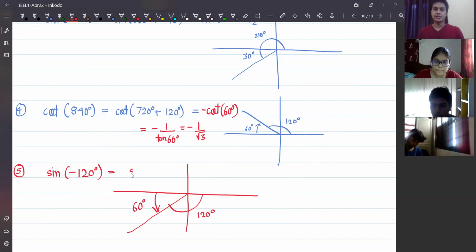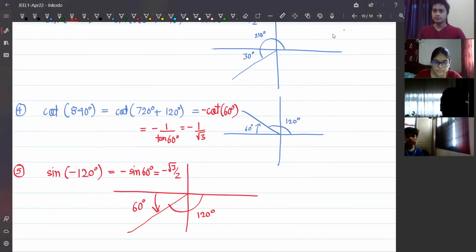So you write sine 60 here, and you know that it is the third quadrant. In the third quadrant, sine is negative. So that comes out to be minus root 3 by 2. Clear? So everything remains the same, but if an angle is given as negative, you take clockwise rotation.